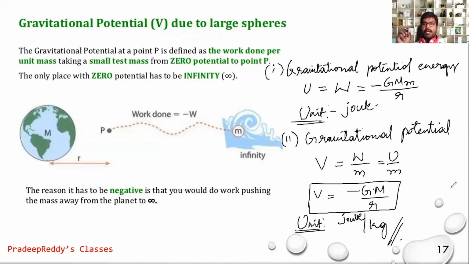Work done per unit mass is said to be gravitational potential. These are the two definitions which we have learned from this slide. One is gravitational potential, the other one is gravitational potential energy.